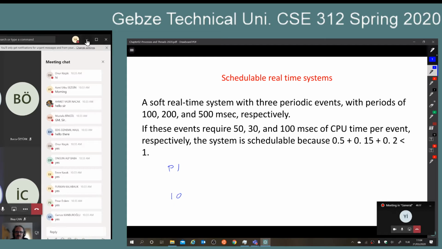Every 200 milliseconds, P2 is going to run. And every 500 milliseconds, P3 is going to run.